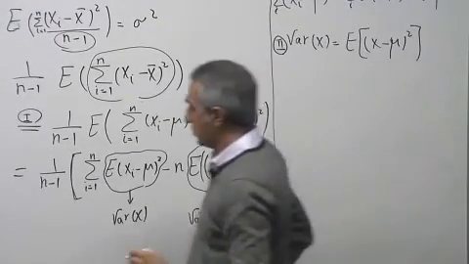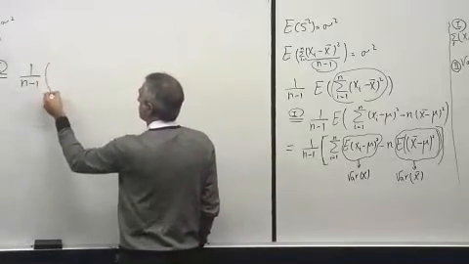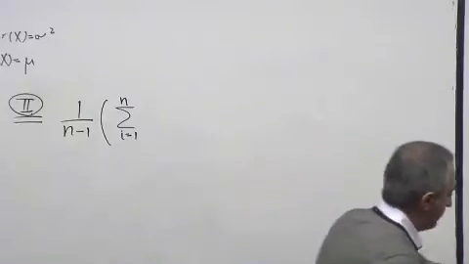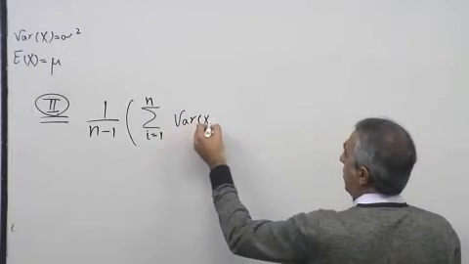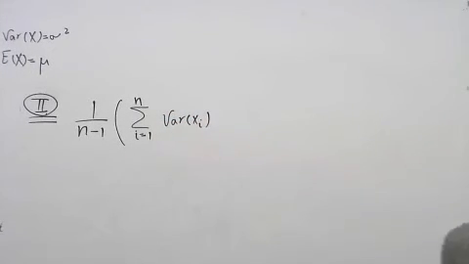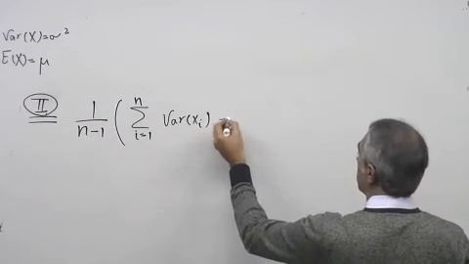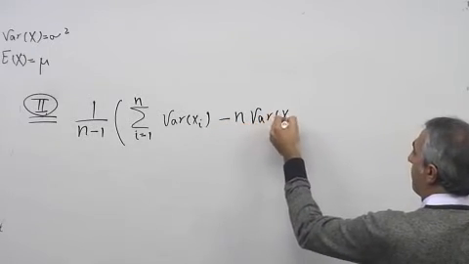So basically 1 over n minus 1, summation of i from 1 to n, variance of x or xi, minus n, variance of x bar.